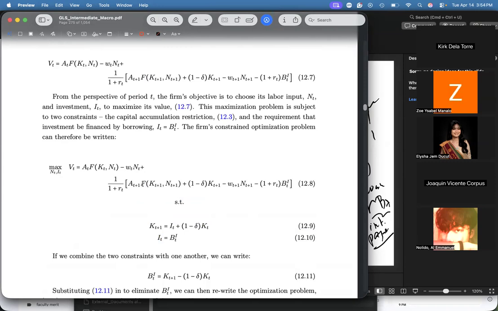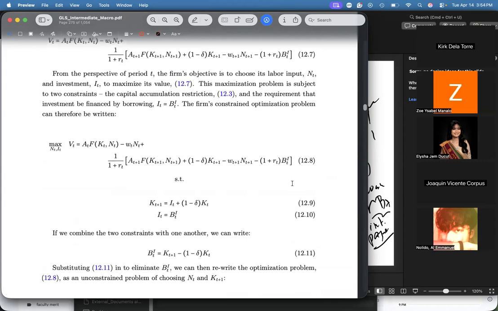Kailangan mong sundin yun, kasi this maximization is for today and tomorrow. Right? And what's the second constraint? That you are financing your investment through what is B? Bonds or your borrowing. Right? For which wala kang babayaran today, pero kukumpletuhin mo yung bayad mo tomorrow. Wala kang babayaran today, pero tomorrow you're going to pay all of it back.